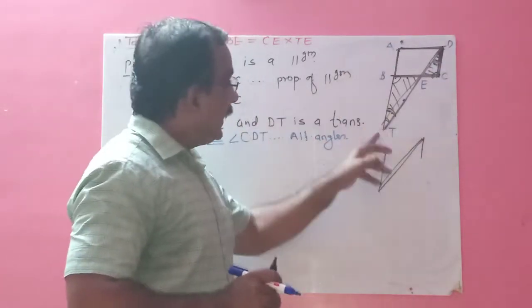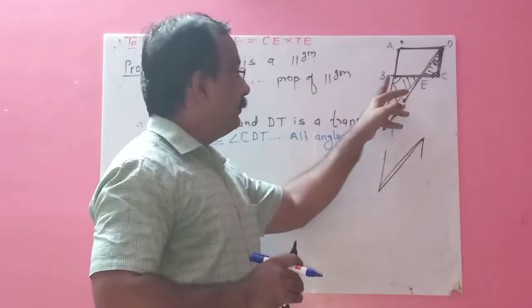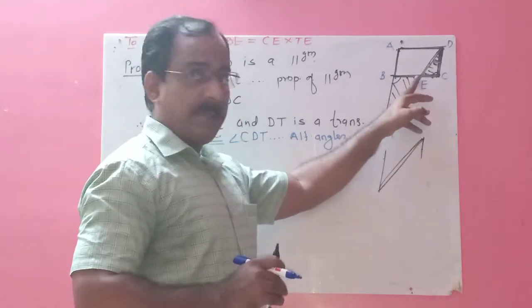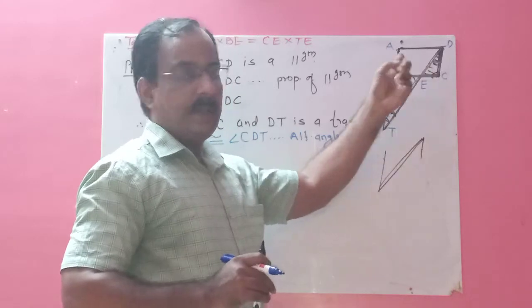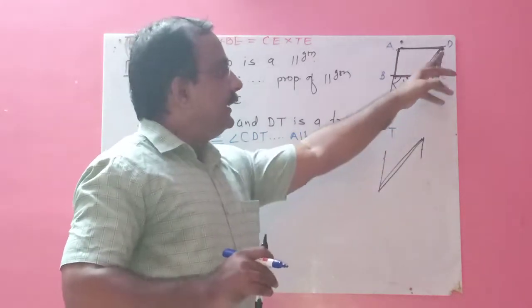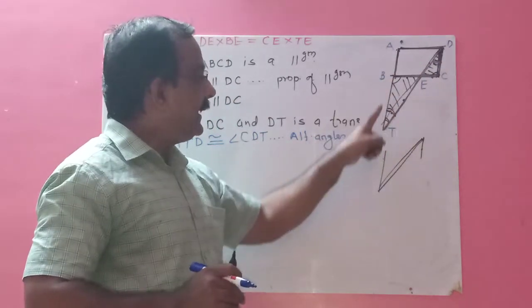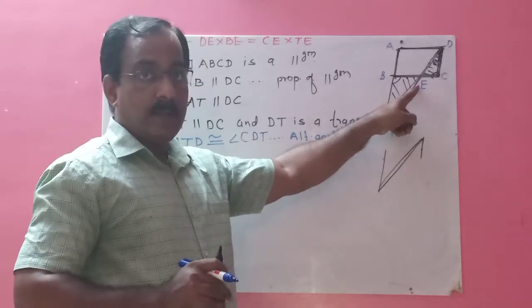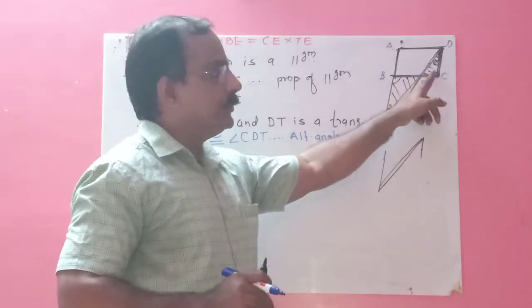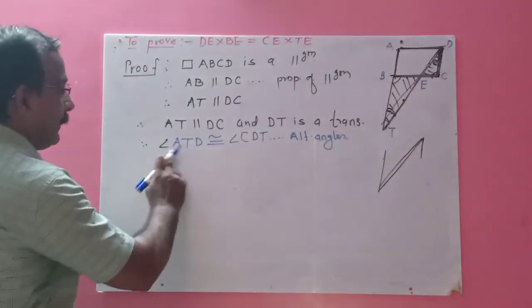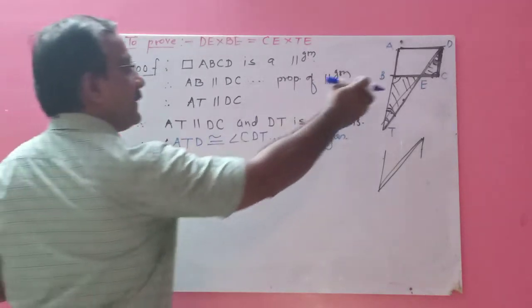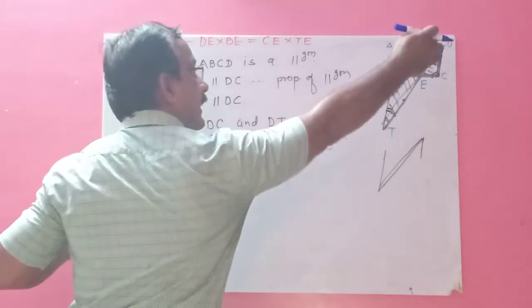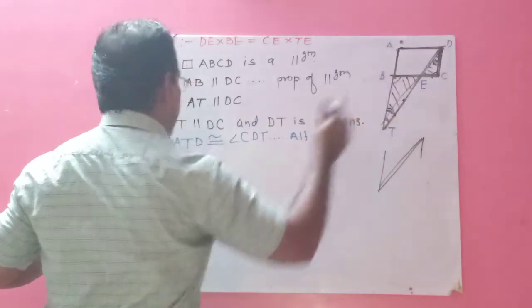Now this ATD can be written as BTE. Why? Because we want to prove these two triangles similar. ATD can be written as BTE because we have to prove these two. That is why I am writing ATD as BTE.